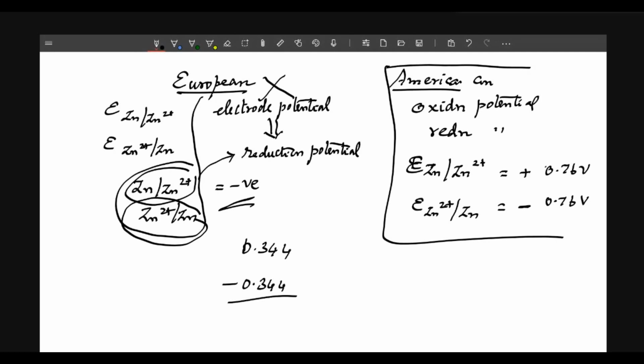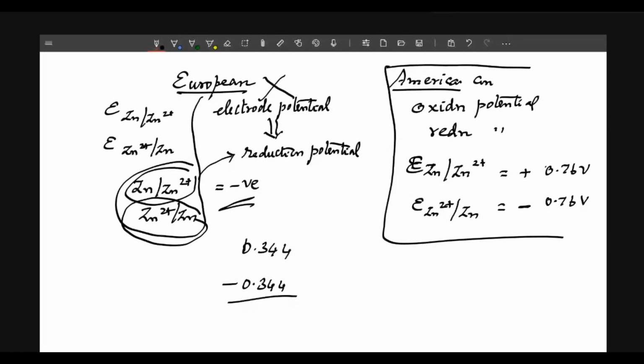Therefore, electrode potential is a bivariant quantity in the American Convention. That's the difference. Physicists and physical chemists usually follow the American Convention because it is very easy for doing problems.